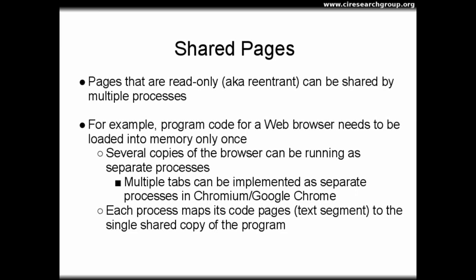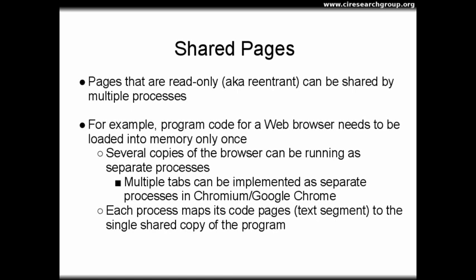The read-write bit, used to mark the text segment of a process, can be used to allow pages of memory to be shared between processes. Pages that are reentrant or read-only can be accessed by multiple instances of multiple programs simultaneously. This capability is useful on modern systems since multiple instances of programs are typically run at the same time. In the case of a web browser, for example, it is only necessary to load one copy of the browser program code into memory.